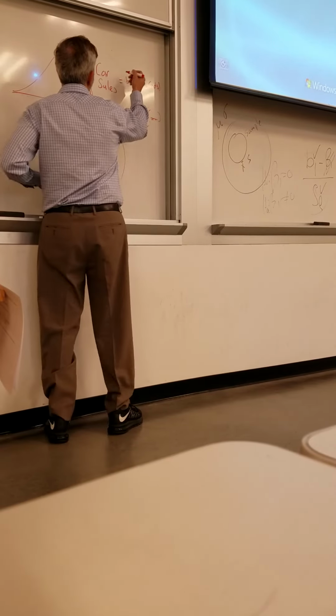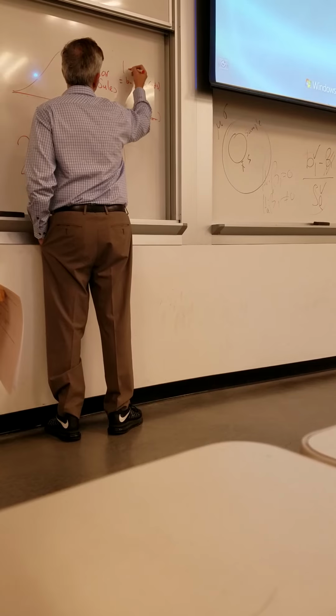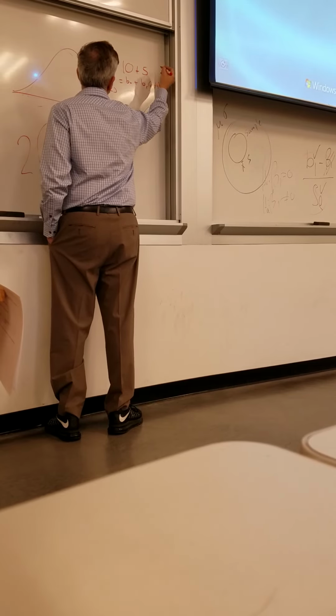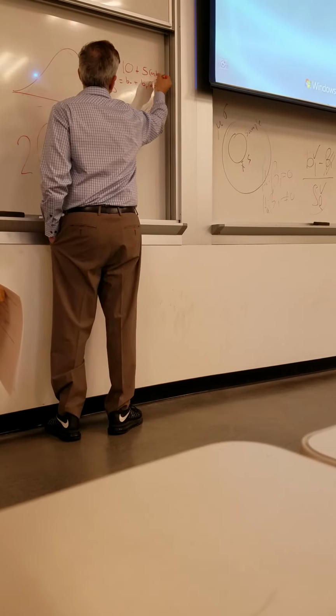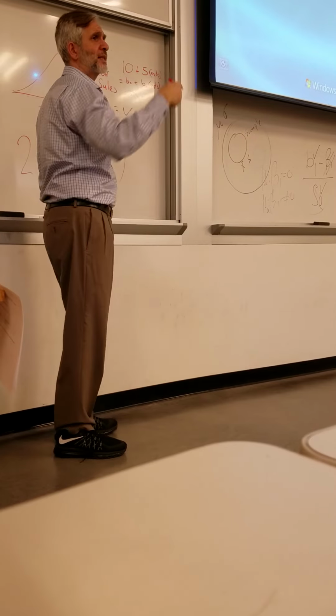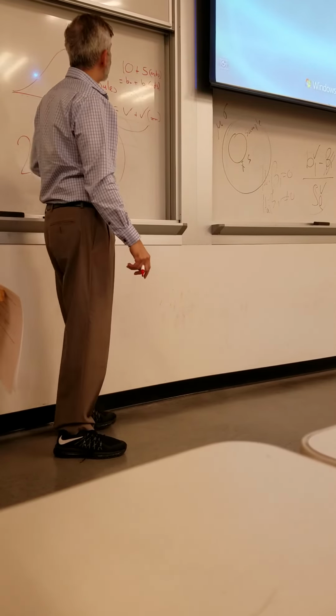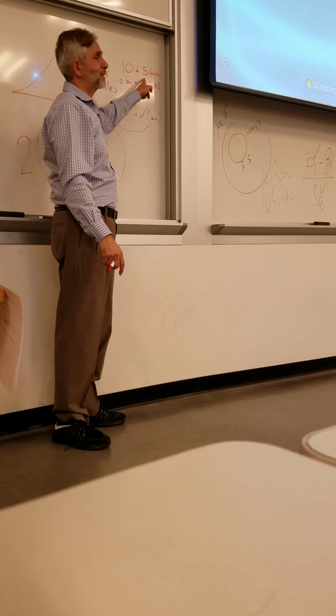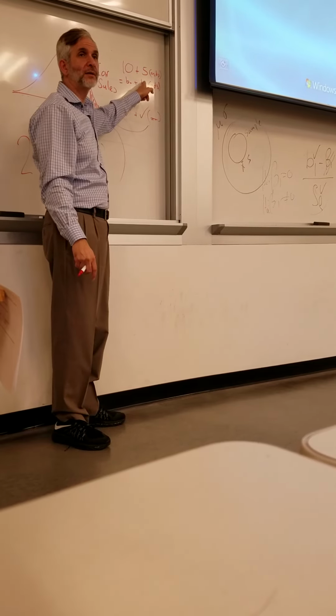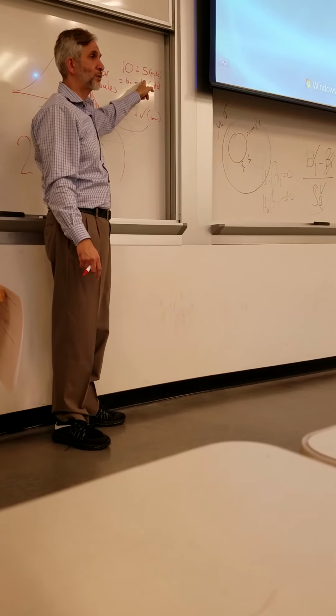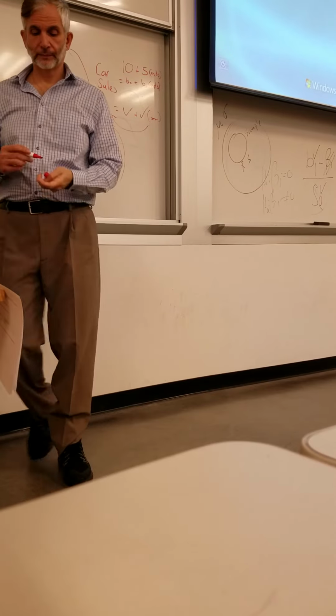In the question we did on car sales, what we had was car sales equals 10 plus 5 times the number of ads. And then we said, what does that 5 mean? It means as I put out one more ad, I expect to sell 5 more cars. That's what the slope is, so you have to know that as well.